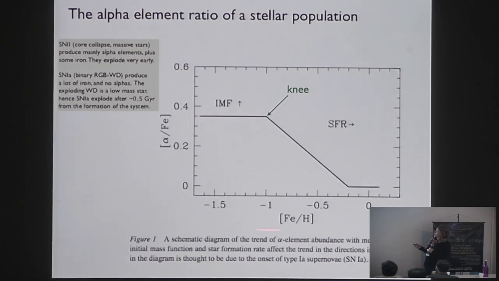It is a plot that has metallicity here, so the abundance of iron, and here it has alpha over iron. Alpha stands for any of the so-called alpha elements. These are the elements whose nuclei are a multiple of an alpha particle, so 2 neutrons and 2 protons.